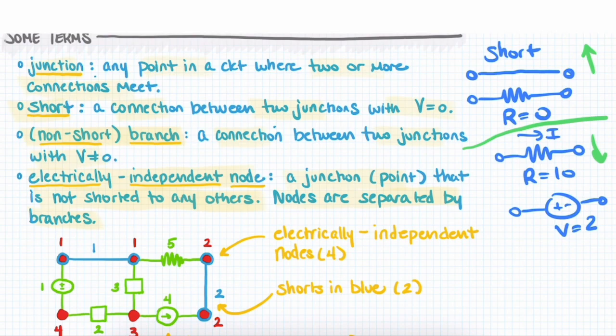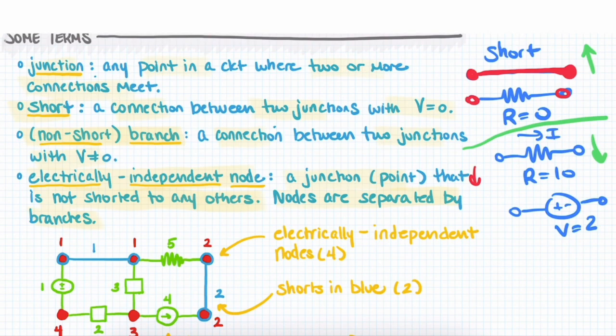Okay, so we have two junctions separated by a short. Because they are connected in that way, these are not electrically independent from one another. In fact, as you saw in the figure above, I could combine the two of these together and potentially call them a single node. Same thing for this.